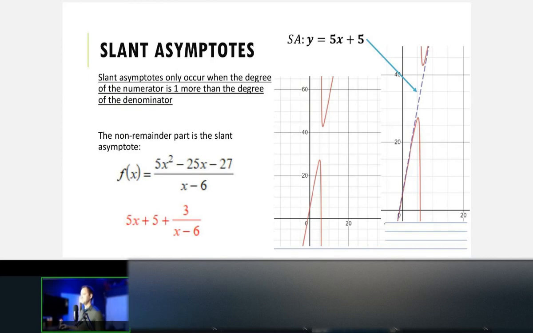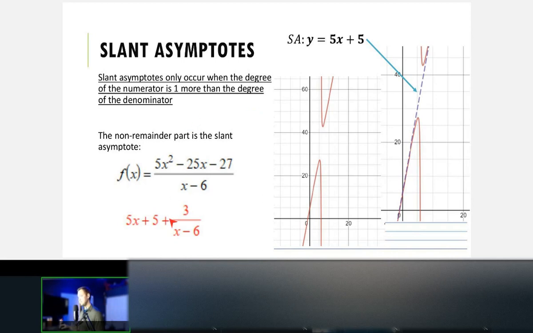This is a very important page. What's bolded and underlined says slant asymptotes, SA for short, only occur when the degree of the numerator is one more than the degree of the denominator. So not all rational functions will have an SA.